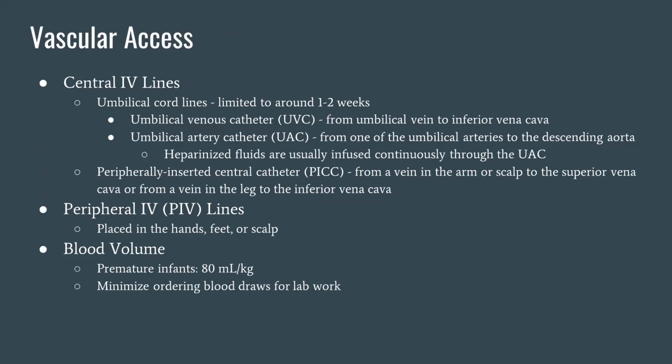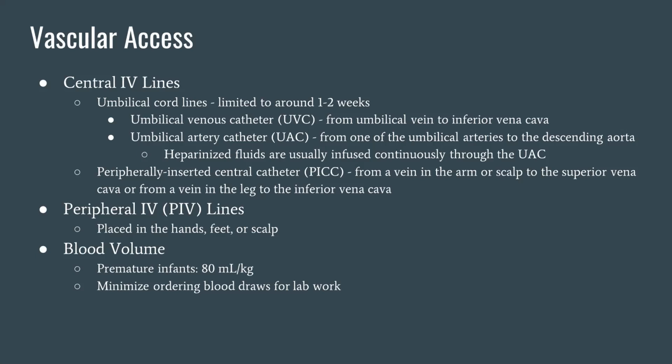We're often going to use IVs in these babies because a lot of times we can't give them PO medications. Some lines that are specific to neonates are umbilical cord lines, and these are usually limited to around 1 to 2 weeks due to the risk of infection and just the natural process of the umbilical cord coming off.